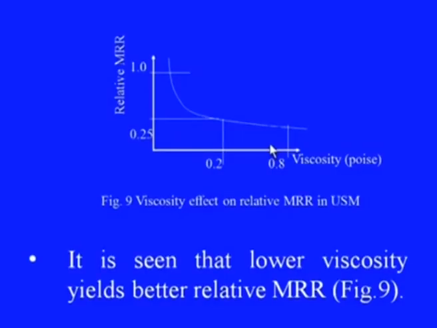Therefore, if the viscosity increases, the abrasive particles cannot move faster, neither can the debris produced inside the cutting zone be taken away faster, nor can the abrasive particles after getting hit by the tool move towards the workpiece faster, and therefore the material removal rate will slightly come down. Whereas with a very low viscosity media, we can see a very high material removal rate, because of the reasons I have already stated.